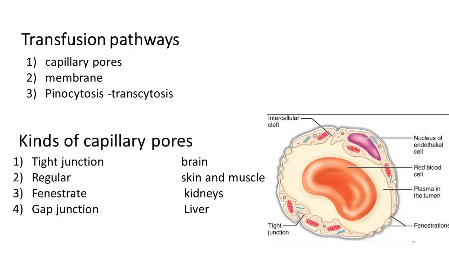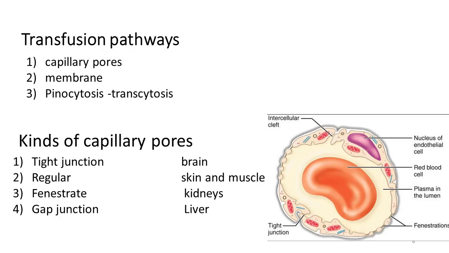Based on the difference of endothelial cells in different organs of our body, we have different types of capillary. Some types of capillary are very tightly connected with each other. Endothelial cells are connected with tight junctions.